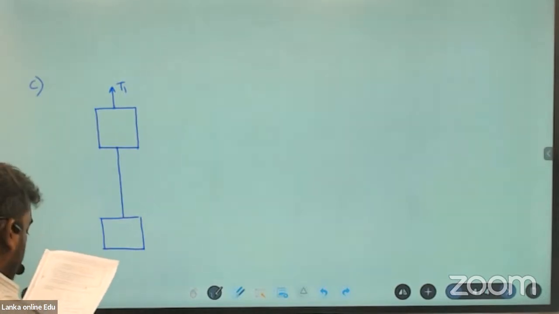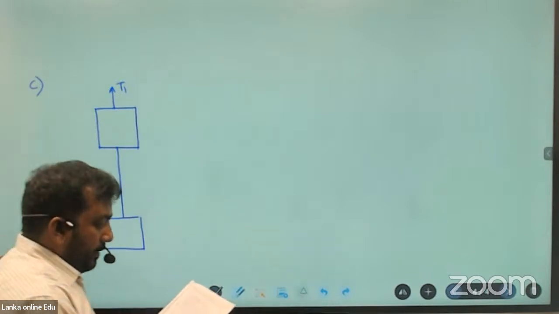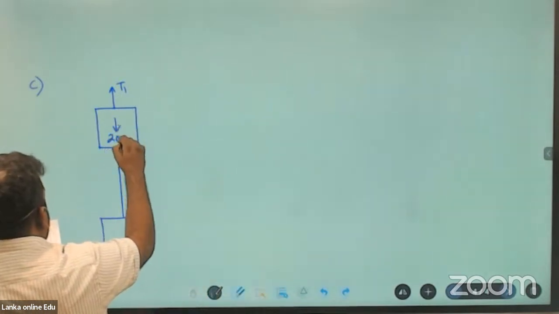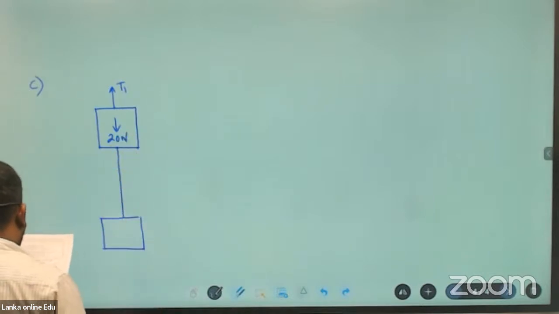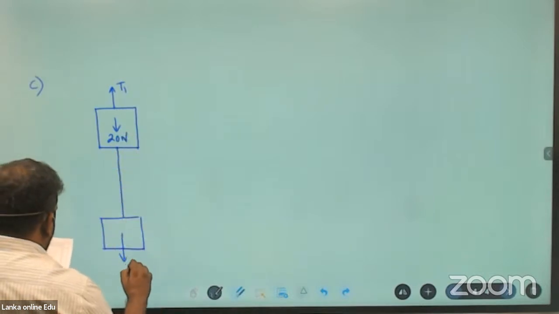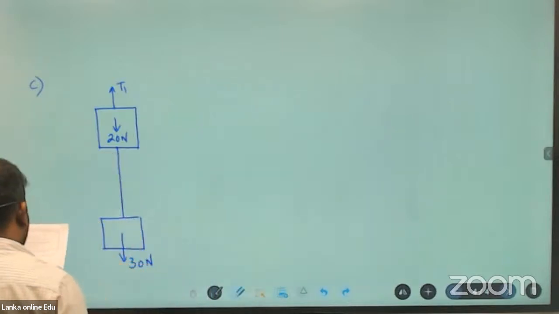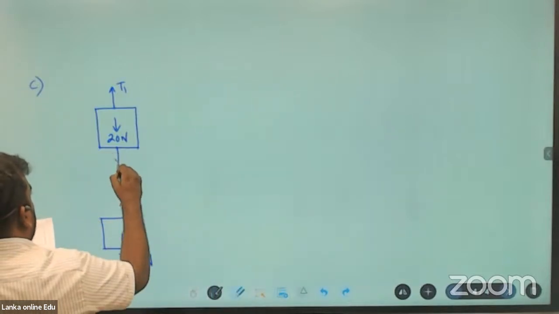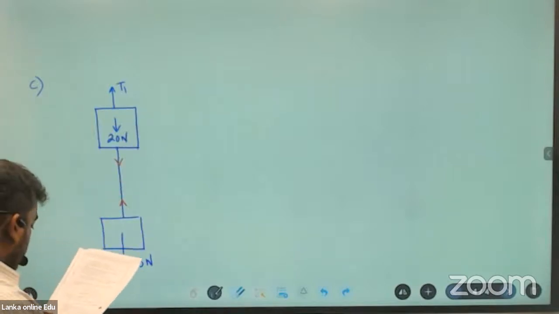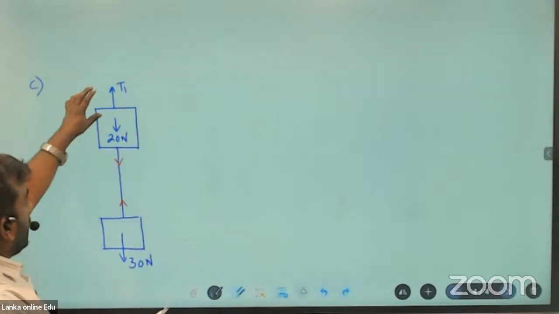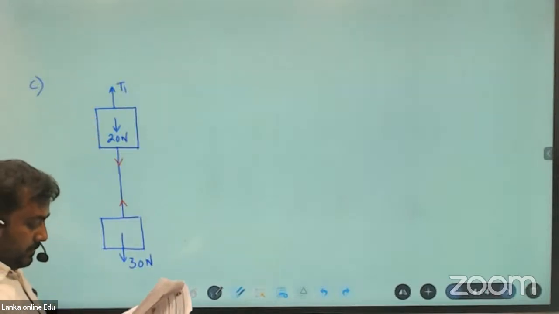M1 is 2 kilogram, which means 20 Newton. M2 is 3 kilogram, which means 30 Newton. Simplify it. You can mark the tension like this, like two light strings. Both are light. That's the question.